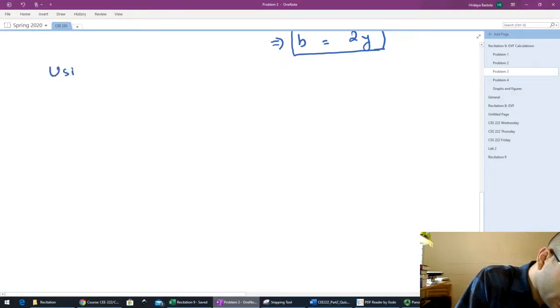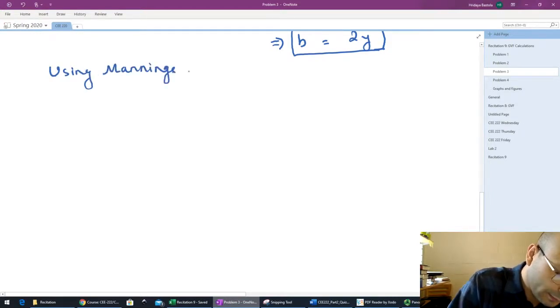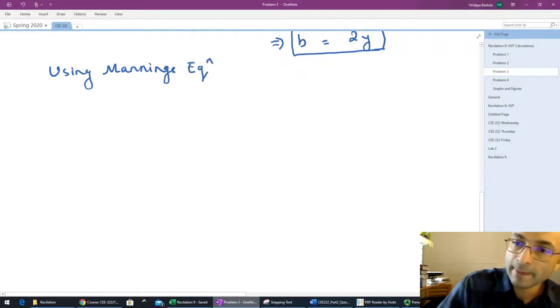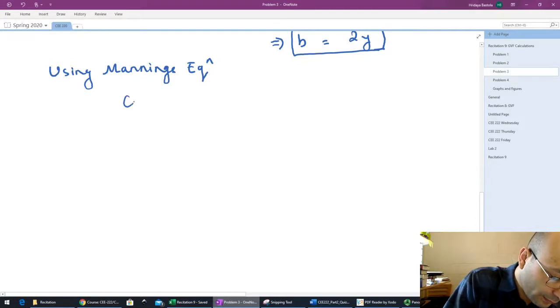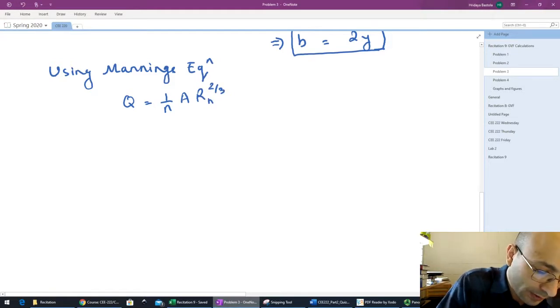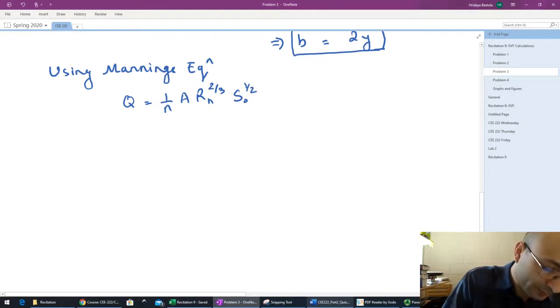Using Manning's equation, Q equals 1 over n A times hydraulic radius to the power 2 over 3 times slope of the channel bed to the power half.